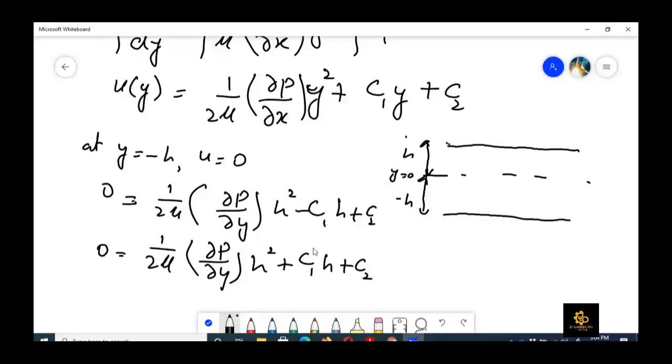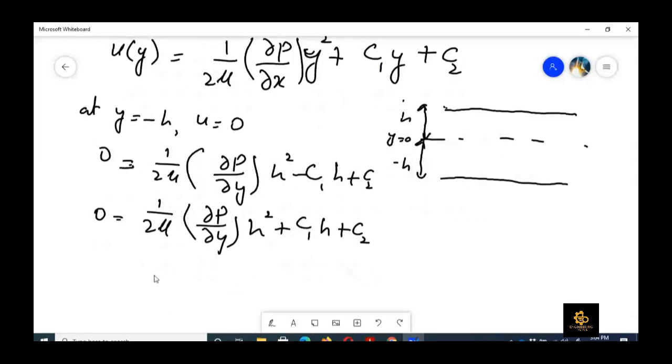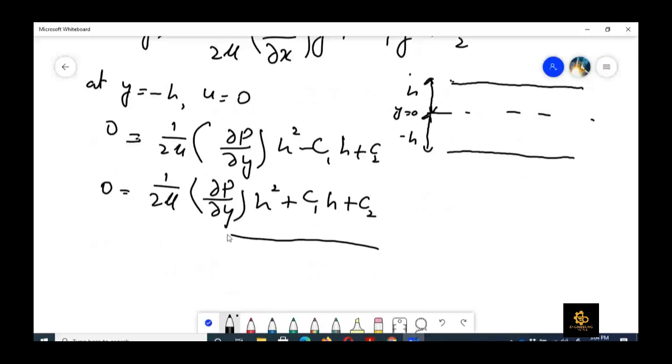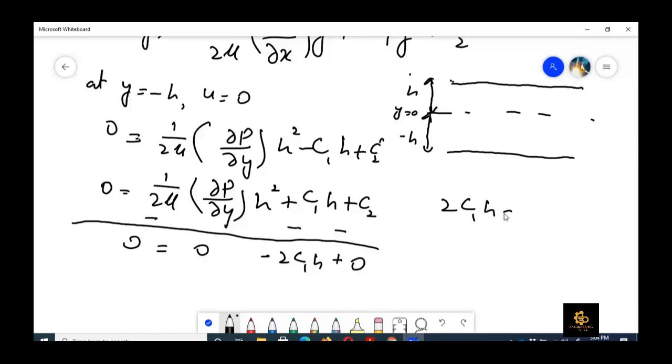If we subtract these two equations, these terms cancel to 0, and here we would have minus 2C1h equal to 0. So 2C1h is equal to 0, right?